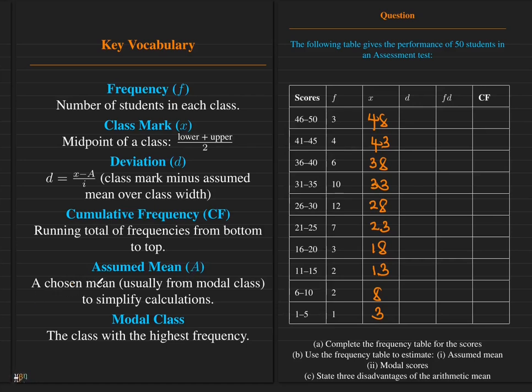We choose the assumed mean usually from the modal class. You see, so the modal class is simply the class with the highest frequency. And if you look at what we have here, this is the class with the highest frequency of what? Dwarf. And what is this class mark?